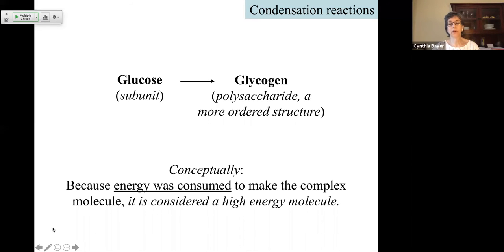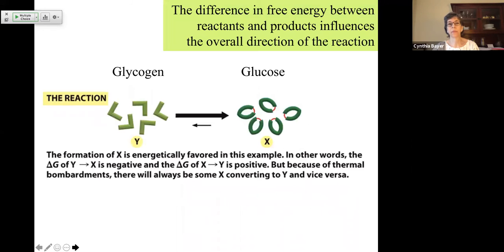So let's use glycogen as a higher free energy molecule compared to a relatively lower free energy glucose molecule as examples when we look at reactions and the favored direction of a chemical reaction. In this example here, where we have Y and X, Y can be converted to X. We're going to say that Y is the higher free energy molecule, glycogen.